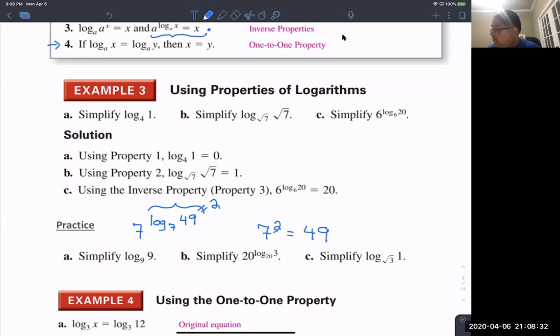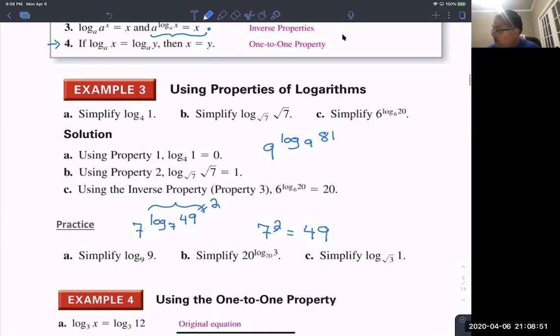Let's do another one. 9 to the log base 9 of 81. Okay, so log base 9 of 81 is 2. So this is the same as 9 squared, which is 81.